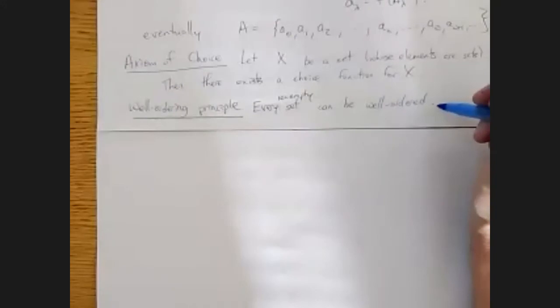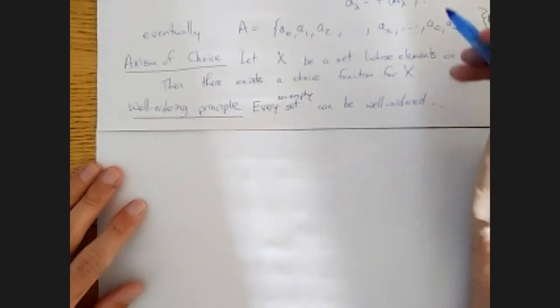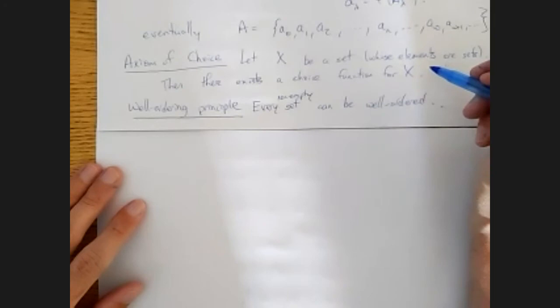We've seen, kind of as a sketch, that if every set has a choice function, then you can well order every set.